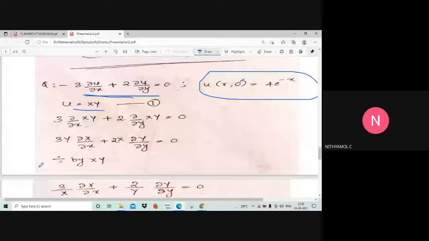Three into dou by dou x of xy plus 2 into dou by dou y of xy is equal to 0. That is 3 y into dou x by dou x plus 2 x into dou y by dou y is equal to 0.